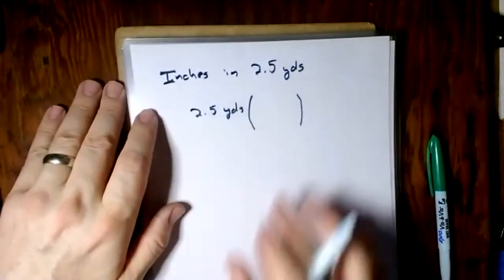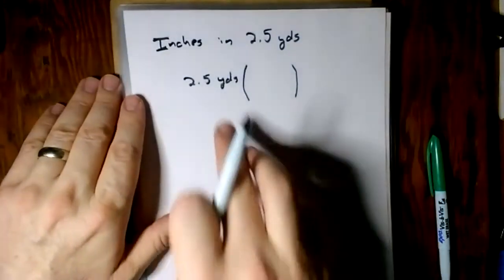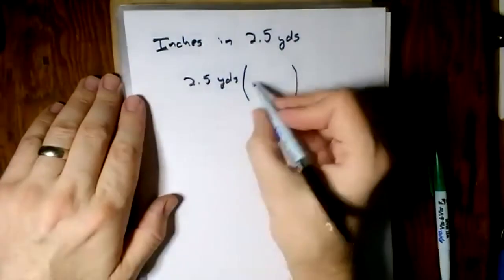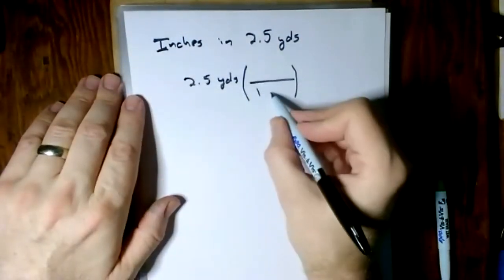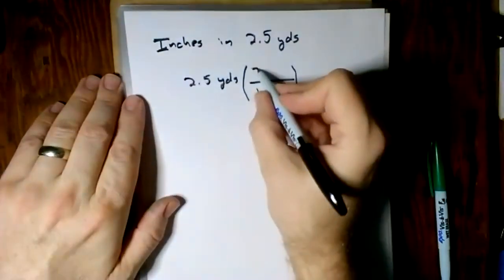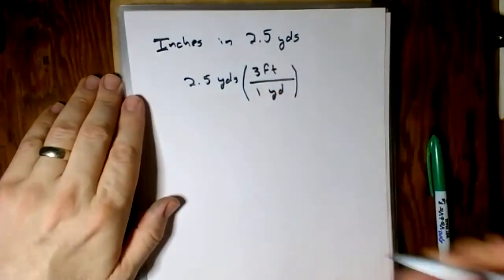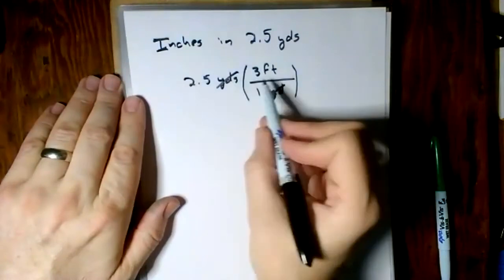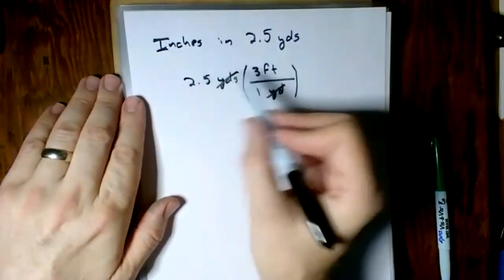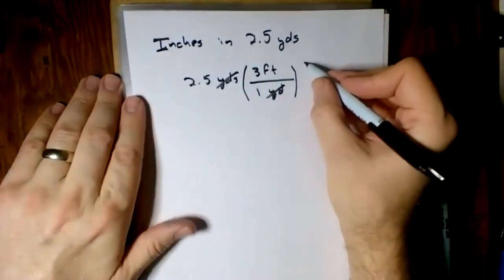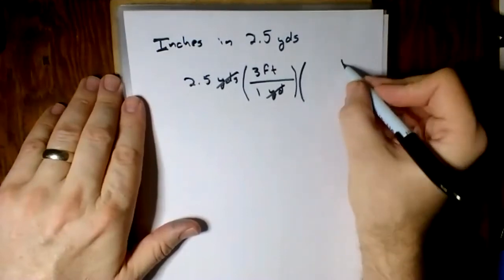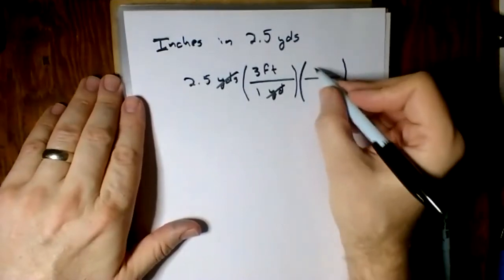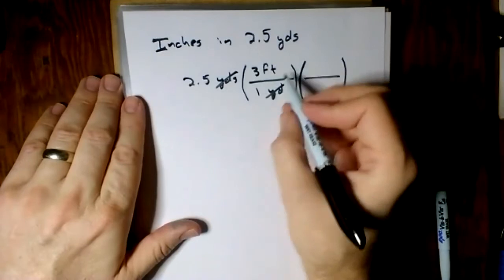We didn't have any unit conversion that was directly from yards to inches. So what I can do is say, well, I know that 1 yard is 3 feet. So when I do that, I would end up with the number of feet that would be in 2.5 yards. Well, I'm not done yet though. I'd need to go from feet to inches.